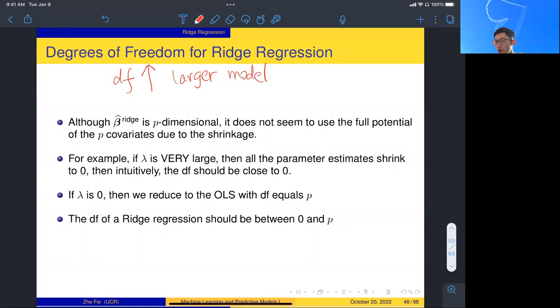And for ridge regression, we could derive that the degrees of freedom should be between 0 and p, because at most you would have p parameters. And for the null model, all of your betas are 0, so the degrees of freedom is 0.